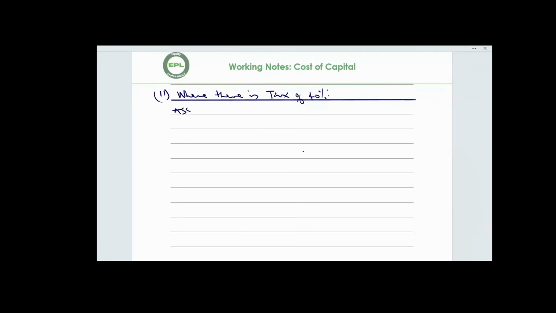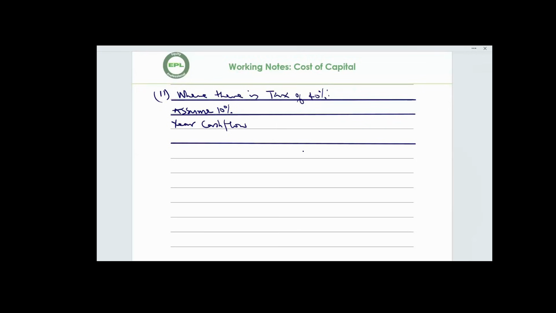So in our example, we are starting with 10% discount rates. In this calculation, we are going to use one table to calculate for both positive and negative NPV. So here will be the year.